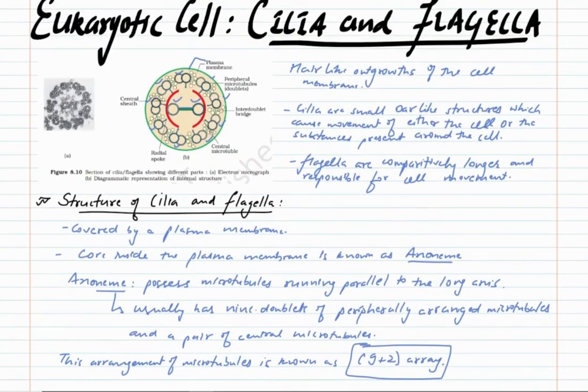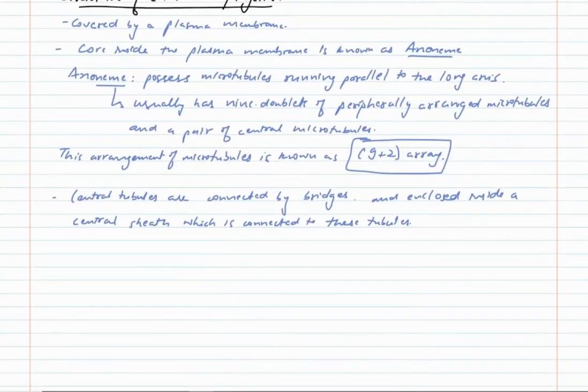So we can see in the diagram that the central microtubules are being connected by this bridge, and there is this red colored central sheath present around the microtubules. Of course, the color is not red inside the cell. This is only depicted as color red. So this is the central sheath.